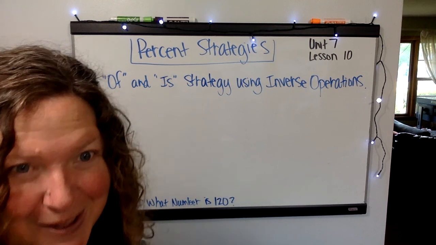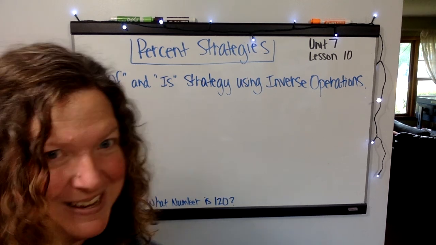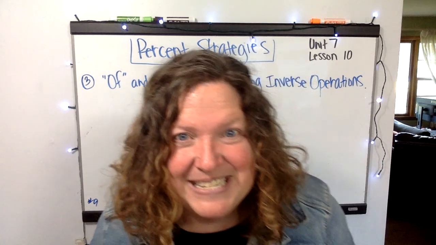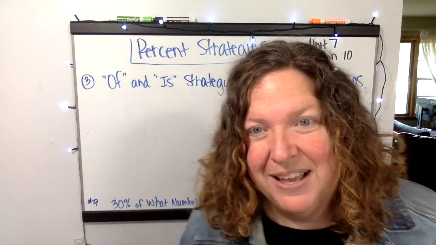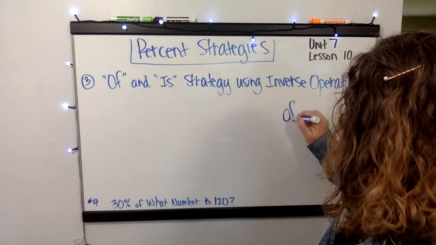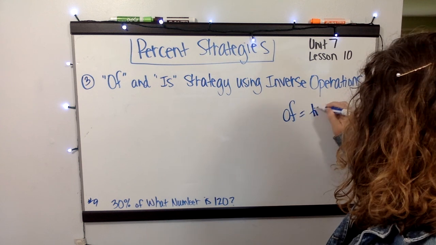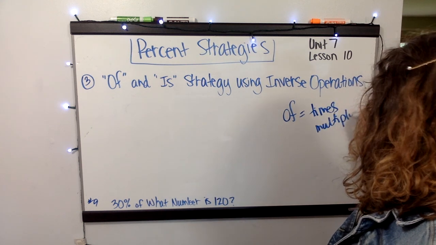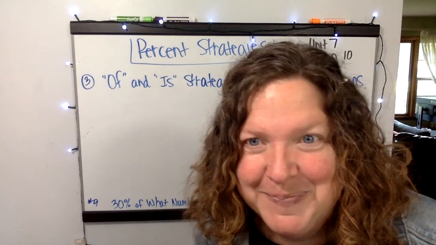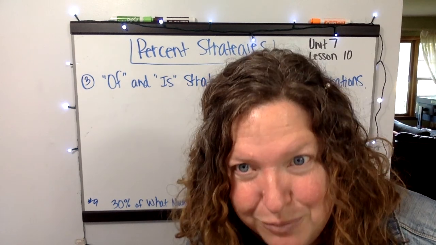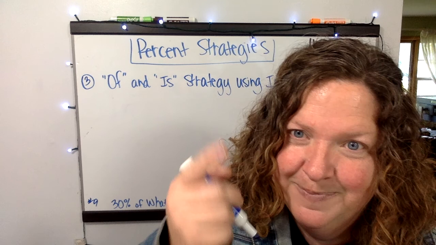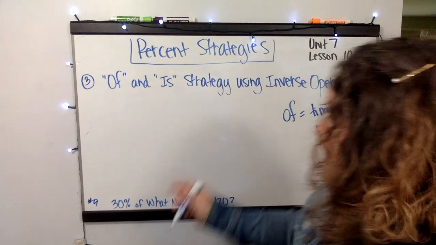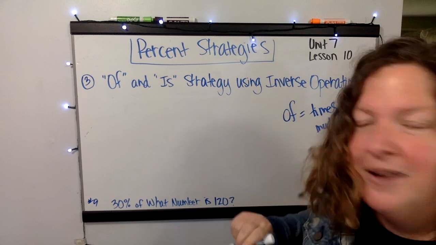So we got to know what of and is mean. What do they mean? Of means times, as in groups of. Of equals times or multiply. Whenever you see of, that's what it means. It means multiply. And you remember that because times means groups of. So, of means multiply.